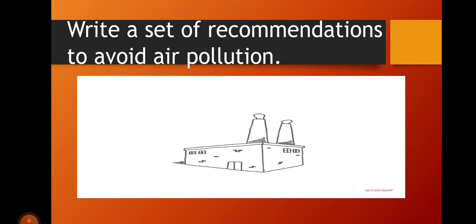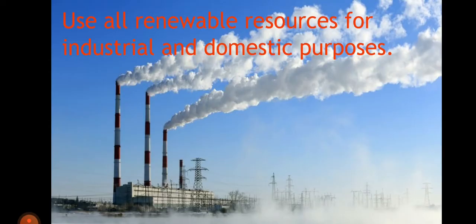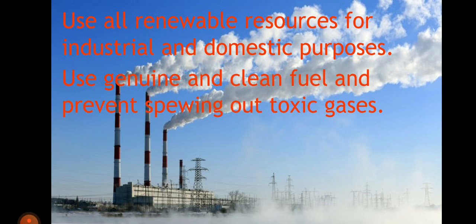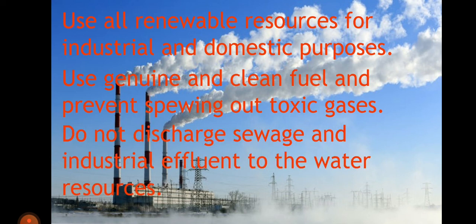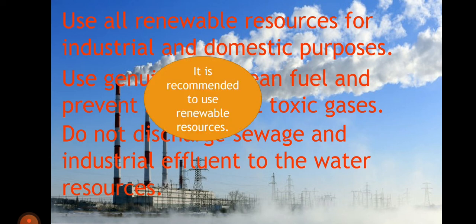Write a set of recommendations to avoid air pollution. See here: use all renewable resources for industrial and domestic purposes. Use genuine and clean fuel and prevent spewing out toxic gases. Do not discharge sewage and industrial effluents to the water resources. For the first one, you can write: it is recommended to use renewable resources. As I said, you add to, and you start the sentence pattern with it is recommended.